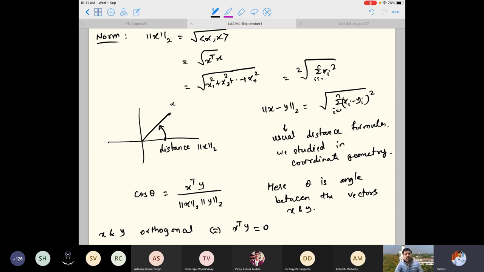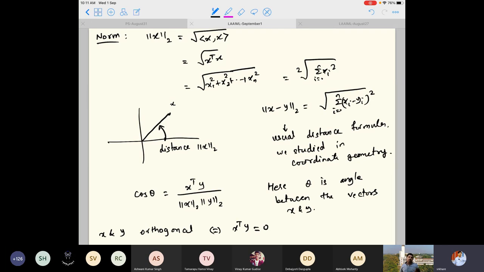And something that needs to be understood is how do you really visualize this angle between the vectors? If you have vectors in 2 dimensions, like the figure I have drawn, then in that plane you know how to define the angle between the two vectors. But in R3, R4, R100, say for example, what do you mean by angle between the two vectors?